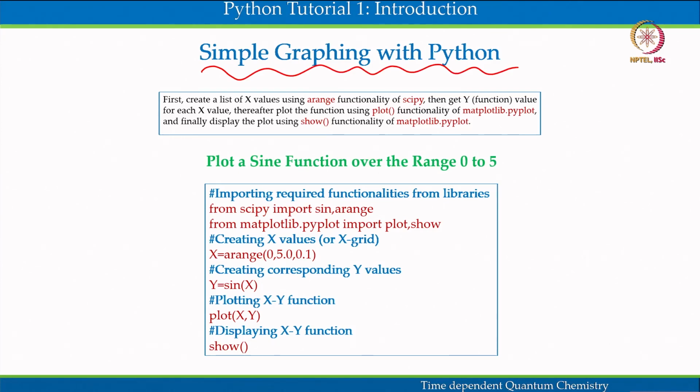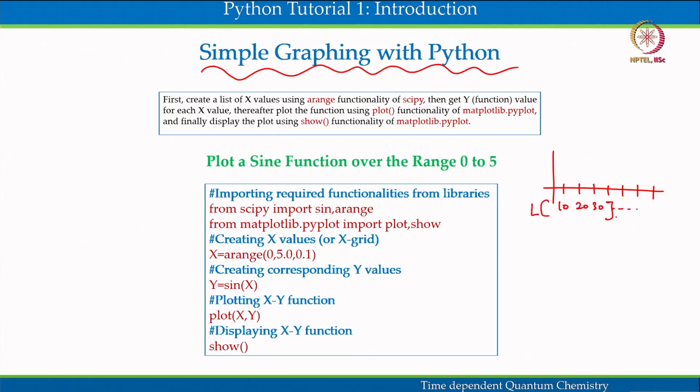So the procedure is the following. Previously we have seen how to create a list, and that list can be used as the x-axis, like we had 10, 20, 30, this way we prepared the list.